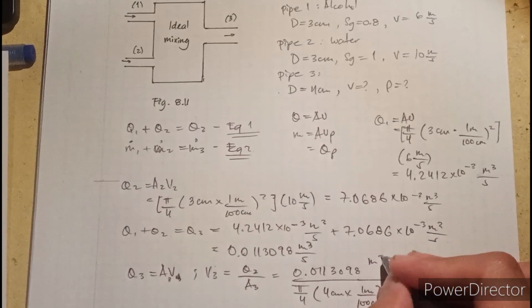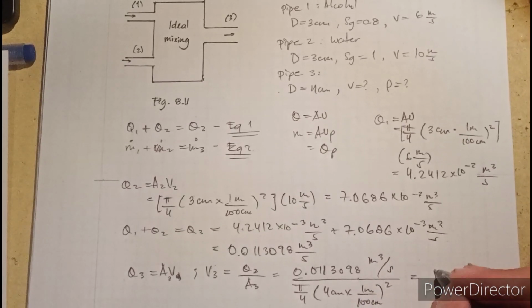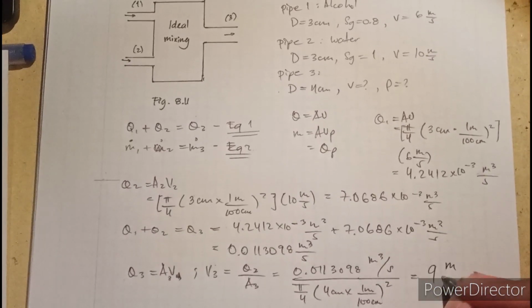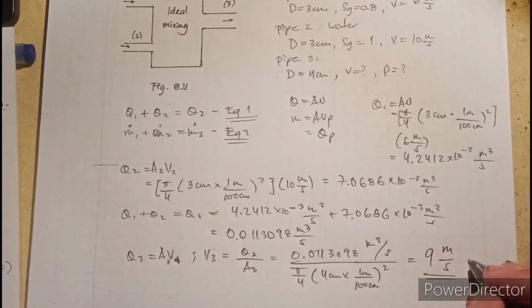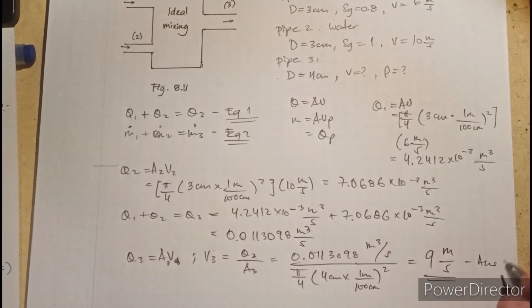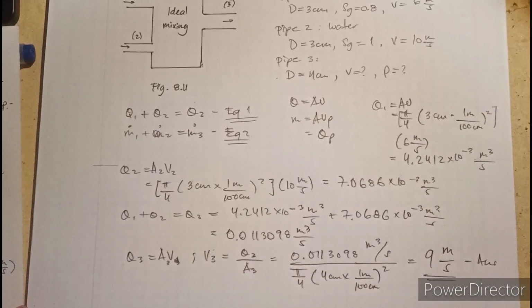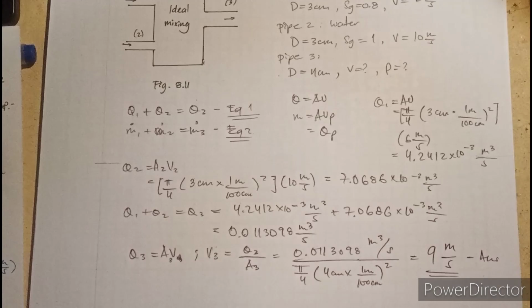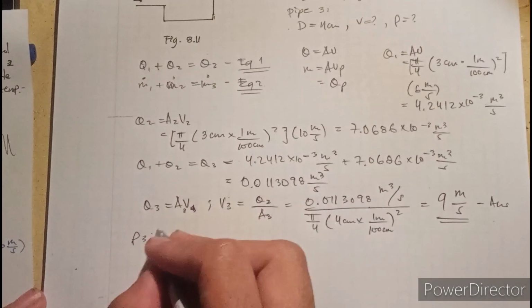This leads to 9 meters per second, which is the answer for the velocity of pipe 3. Therefore, we need to solve for density 3.